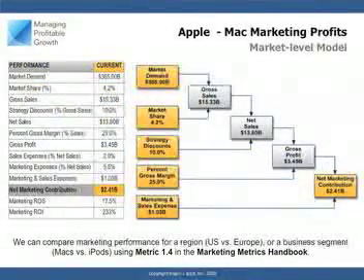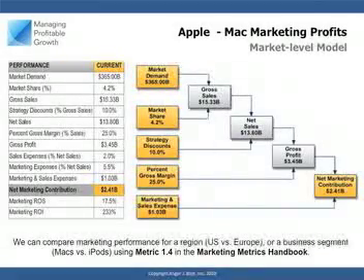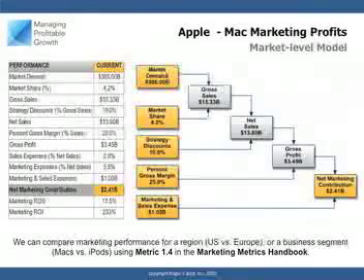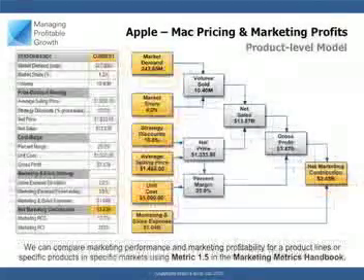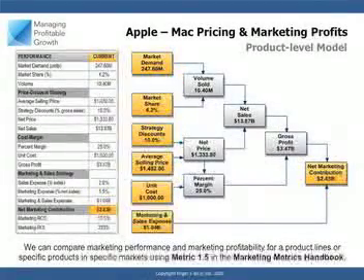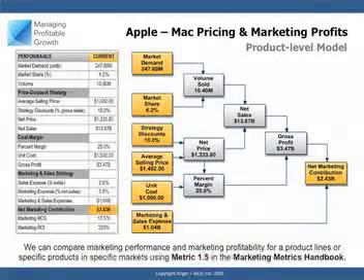Metric 1.4 in the Marketing Metrics Handbook provides a market-level model of marketing profitability, which is useful for managing net marketing contribution for a market or region with many different products. Metric 1.5 provides a product-level model of marketing profitability.